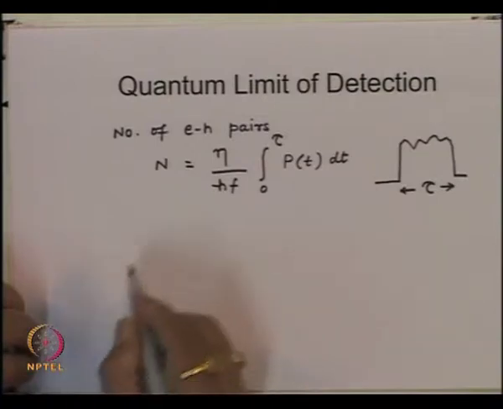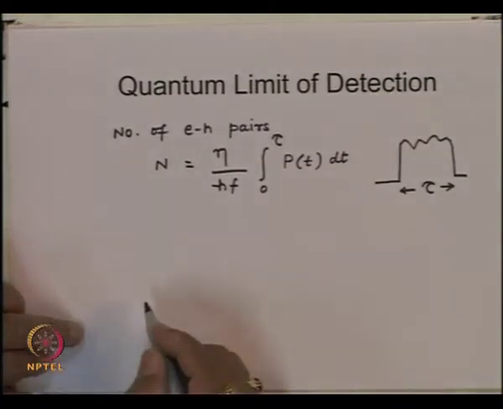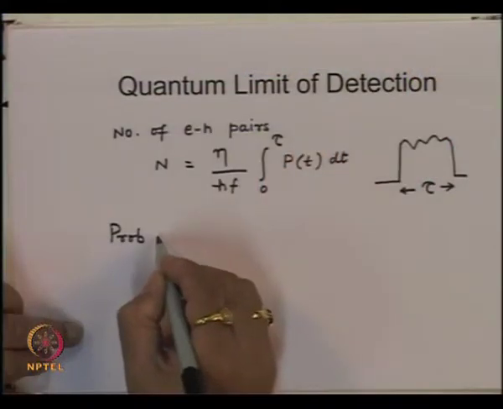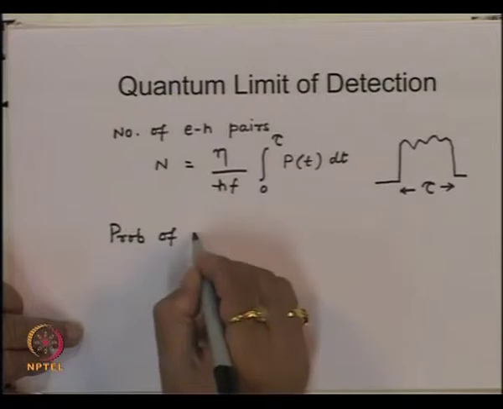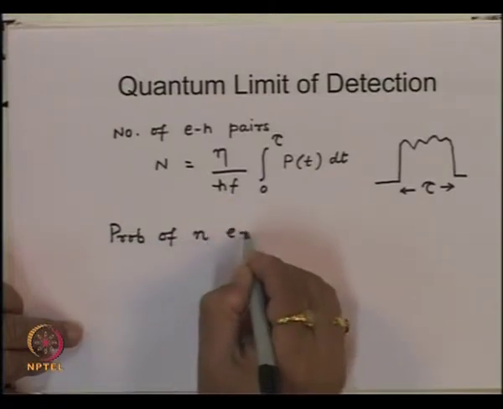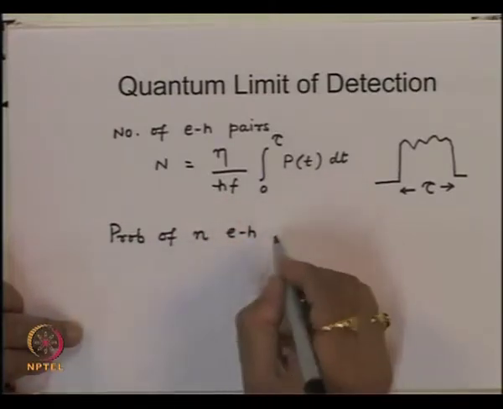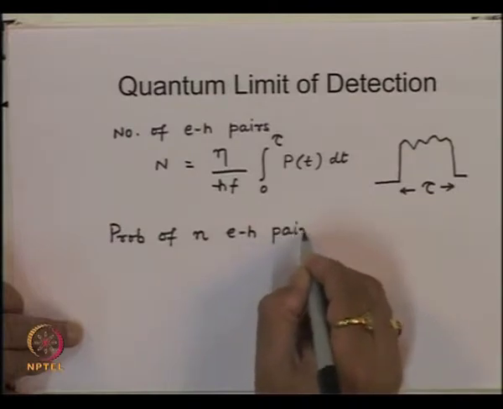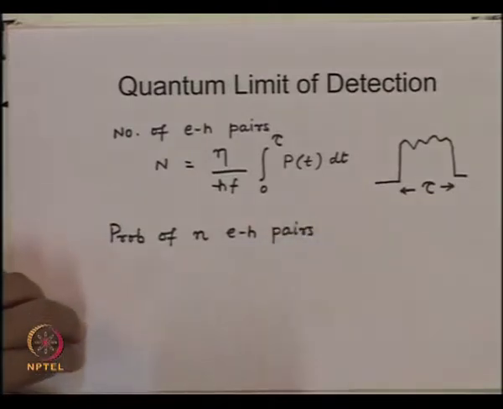So, the probability function for the Poisson distribution is given as follows. You have a probability of small n electron hole pairs generated during a certain time.